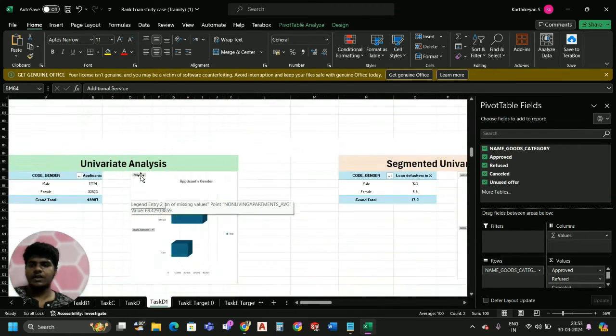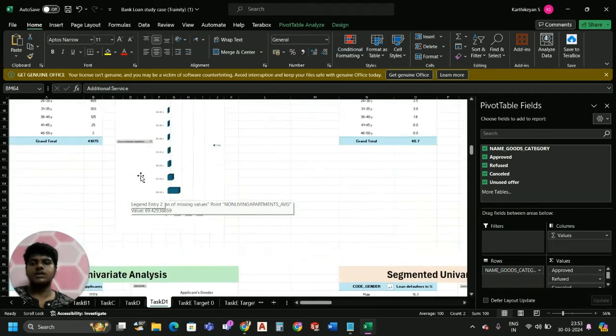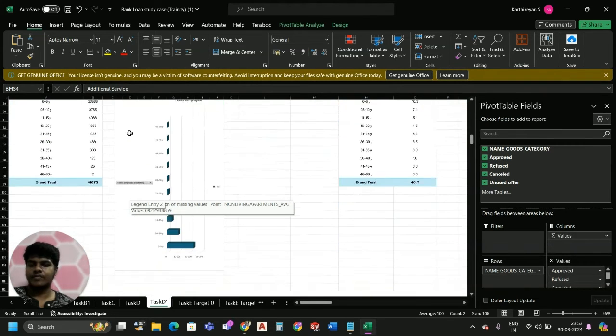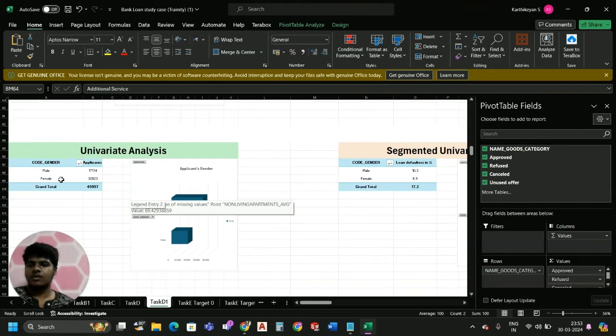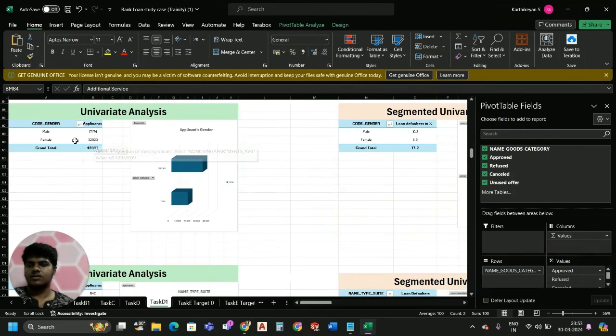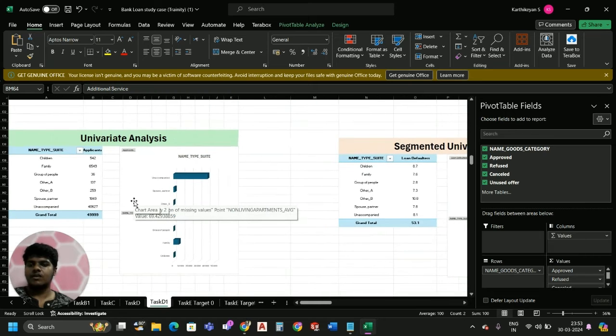Here we can see the various univariate analyses carried out on different attributes. Here we can see, based on gender, how many loan applicants are here. So male has fewer applicants compared to female.